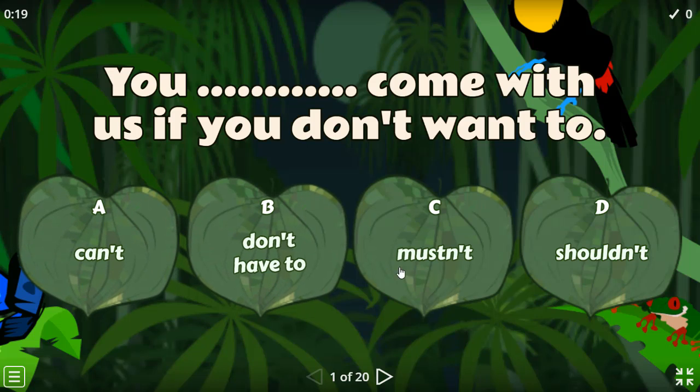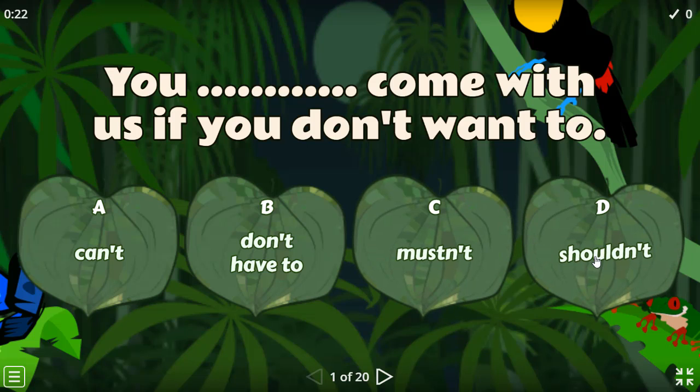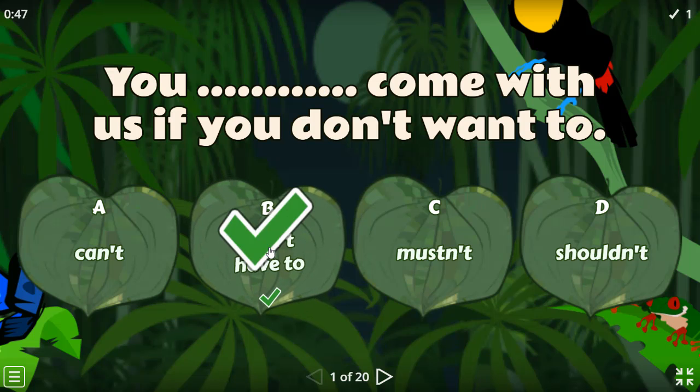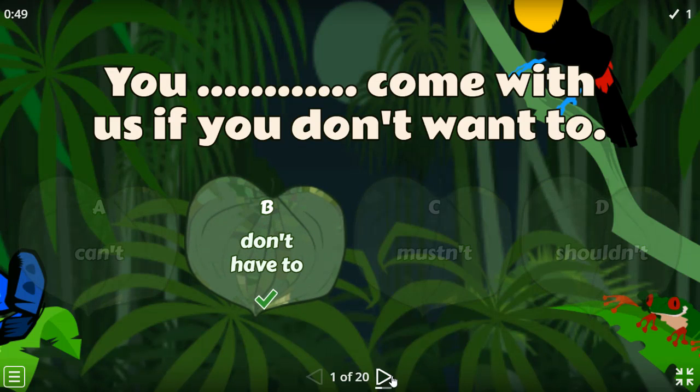Can't, don't have to, mustn't, or shouldn't. You can't come, you don't have to come, you mustn't come, you shouldn't come with us if you don't want to. So, you shouldn't or just, what is it first? Which function is it? It's a lack or absence of obligation, so you don't have to.